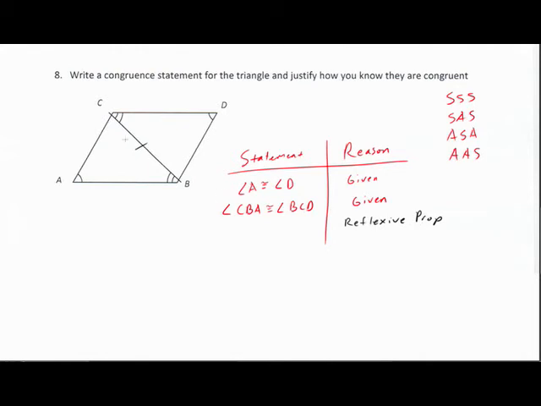And what that says is that the segment CB is congruent to BC. So this is congruent to that just because it's the same side. So those triangles share that same side, so they are congruent.